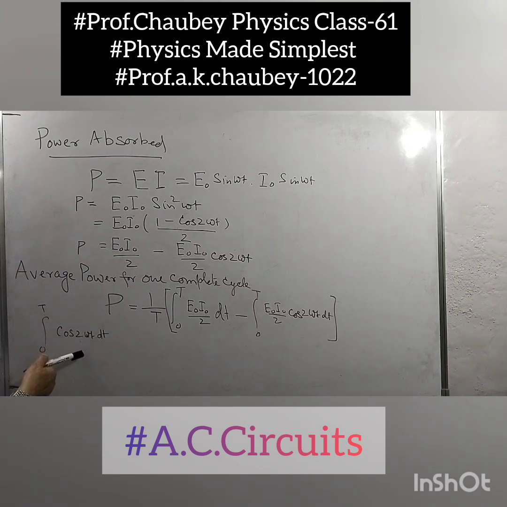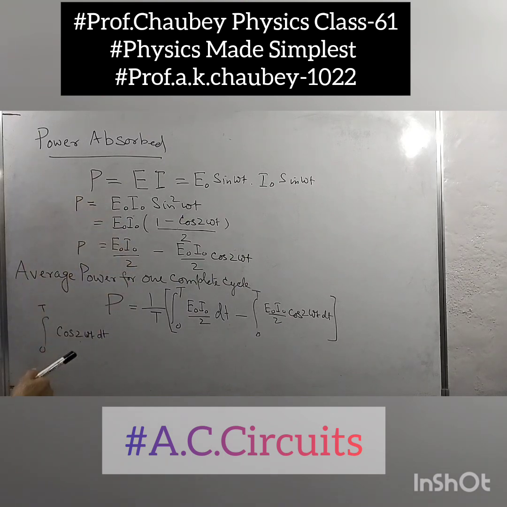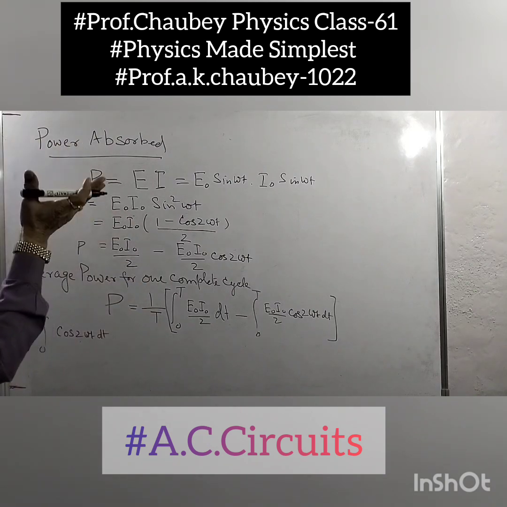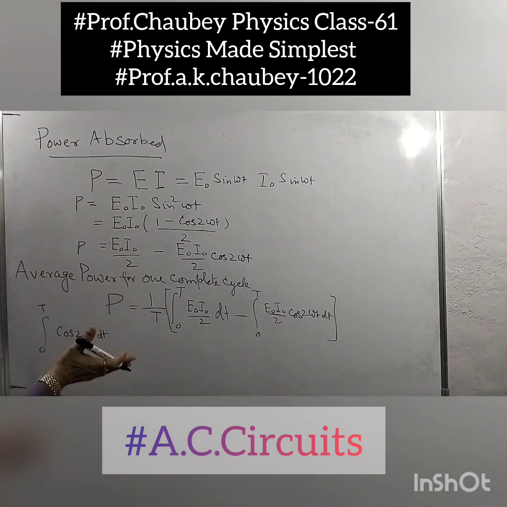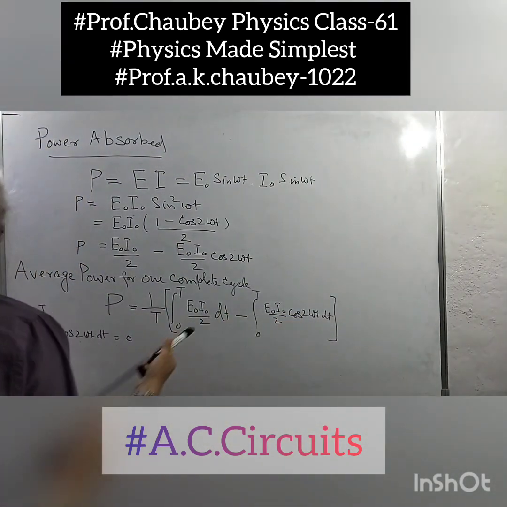This is a full sine curve. For half a cycle it is positive, for half a cycle it is negative, so the integral is equal to 0. This term becomes 0.